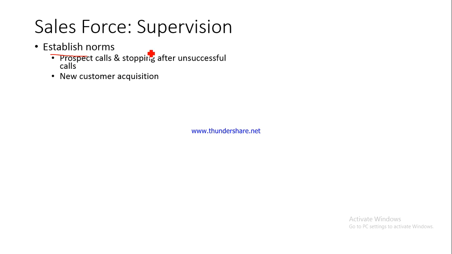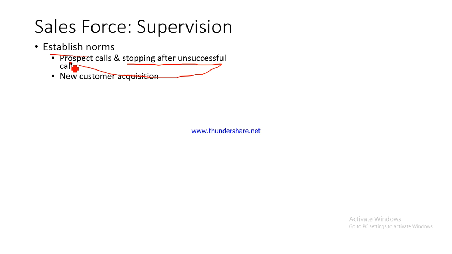That is why we have another norm for stopping after unsuccessful calls. For example, a salesperson has visited a prospect once, tried to convince him, visited twice, visited thrice, and finally has been able to convert him, and the prospect has placed an order. That is fine. But how many times should he visit the prospect, and at what point should he stop, believing that this prospect is not going to get converted?